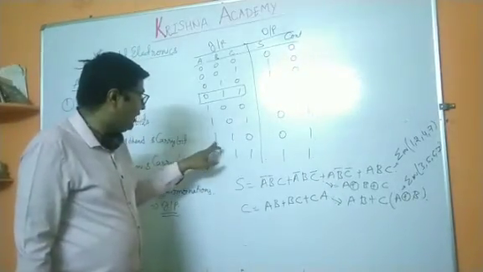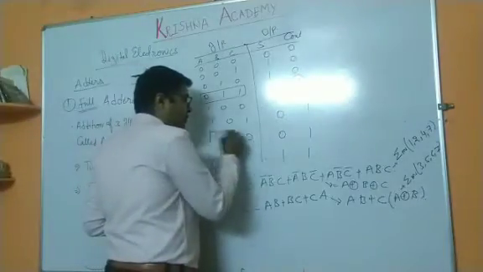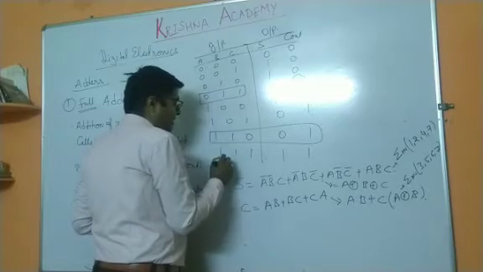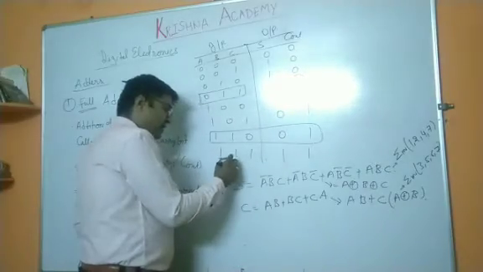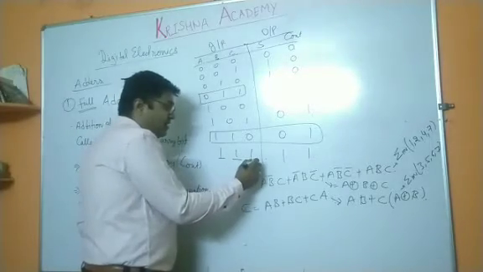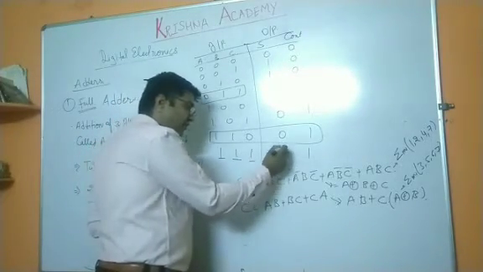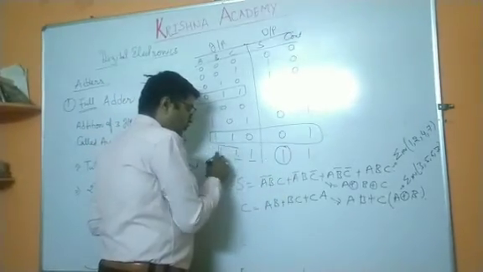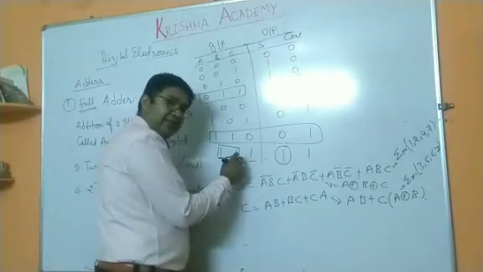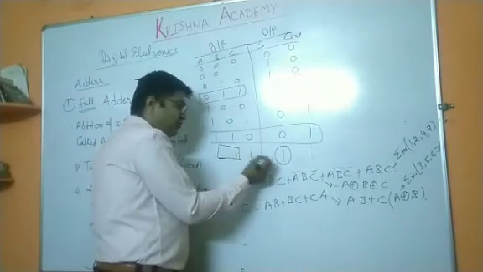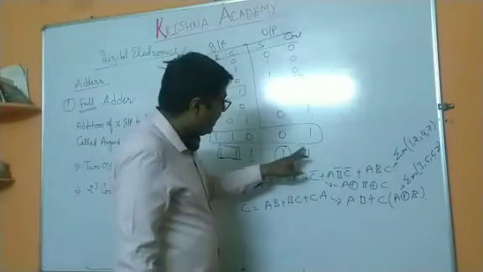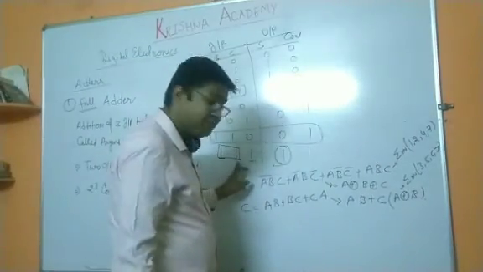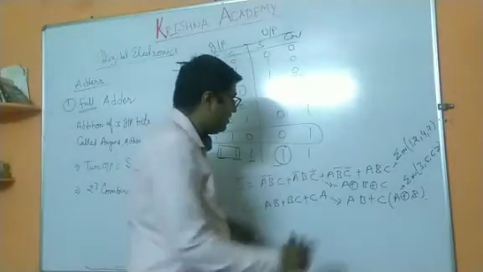It will be followed till this moment. In the last, when we have A bit as 1, B bit as 1 and carry bit as 1, the sum will be 1 because 1 plus 1 will be 0 with a carry, and 0 plus 1 is 1, so the sum is a logical high and there will be a carry due to this particular logic. So carry will be available to this.